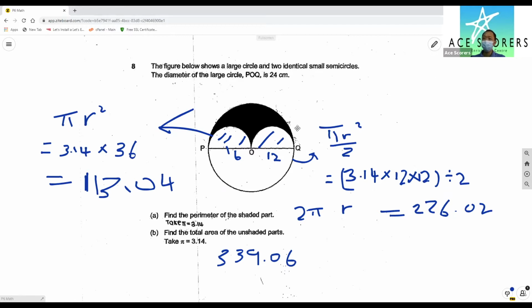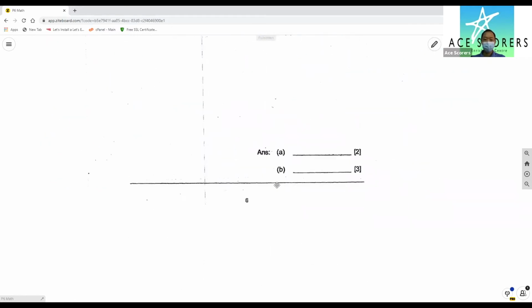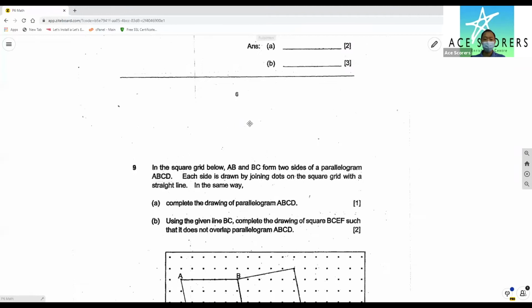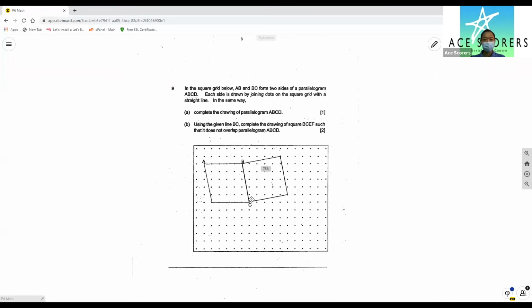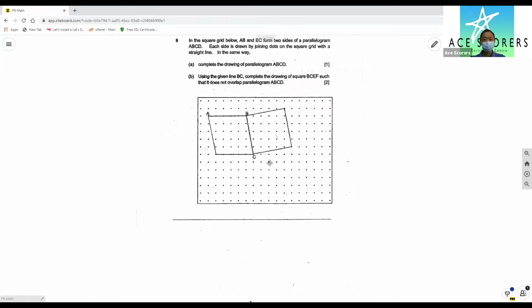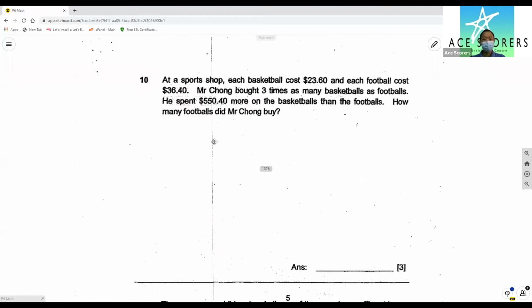Life goes on, yeah? PSLE. That's 5 marks, eh? Whoa. What is this? BCS such that it does not overlap parallelogram BCD. Huh? Don't know what this is. Skip. Okay, next one, 10.